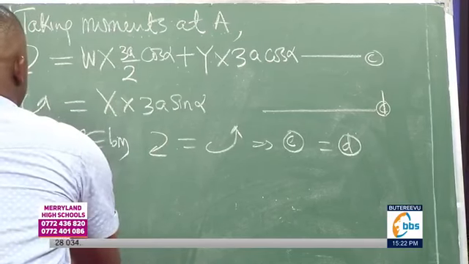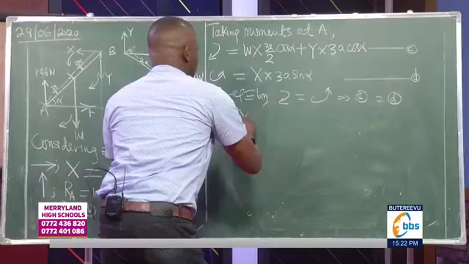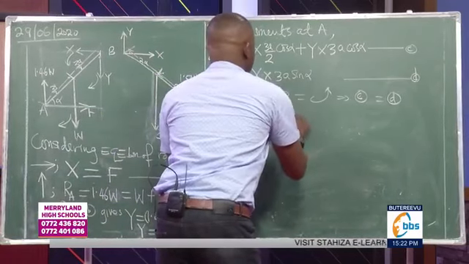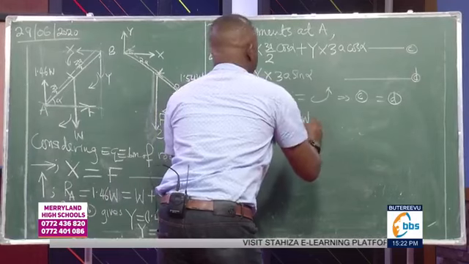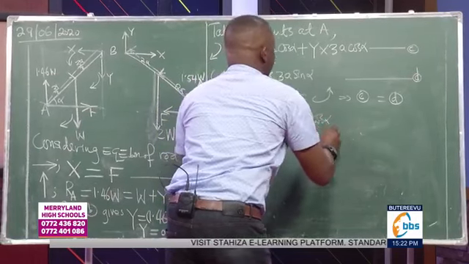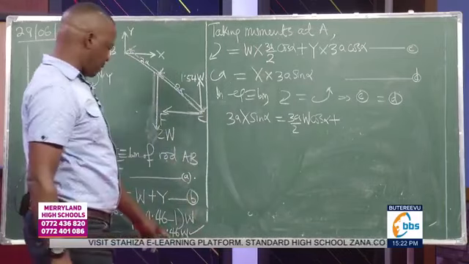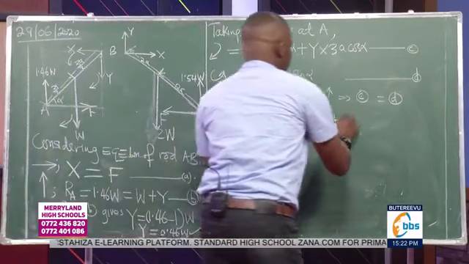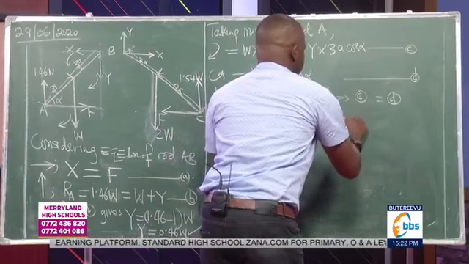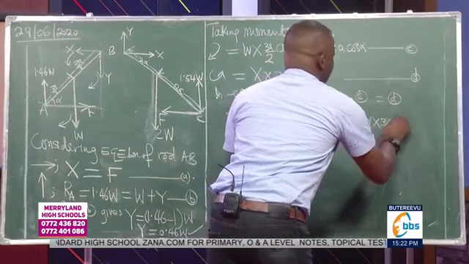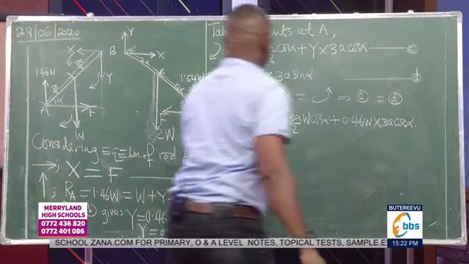Our 3A x, the sine of alpha, will be equal to 3A over 2 W, the cos of alpha, plus, I will now put in my value of y because I have it, 0.46 W times 3A, the cos of alpha.